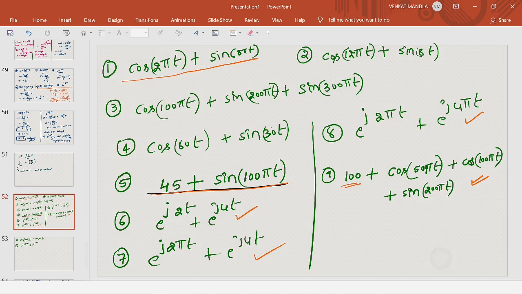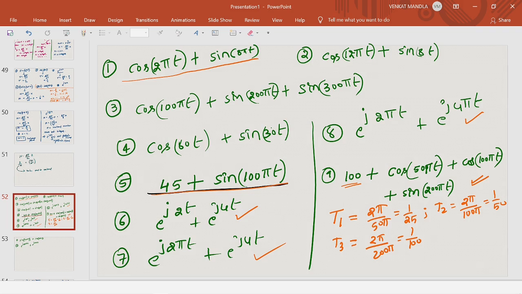So what is T1? Cos 50 pi t. So 2 pi by omega naught, 50 pi, that equals 1 by 25. T2 is 2 pi by omega naught, 100 pi, that equals 1 by 50. T3 is 2 pi by omega naught, 200 pi, that is 1 by 100. If you check T1 by T2, T2 by T3 and T3 by T1, you will not get irrational numbers, so it is periodic.